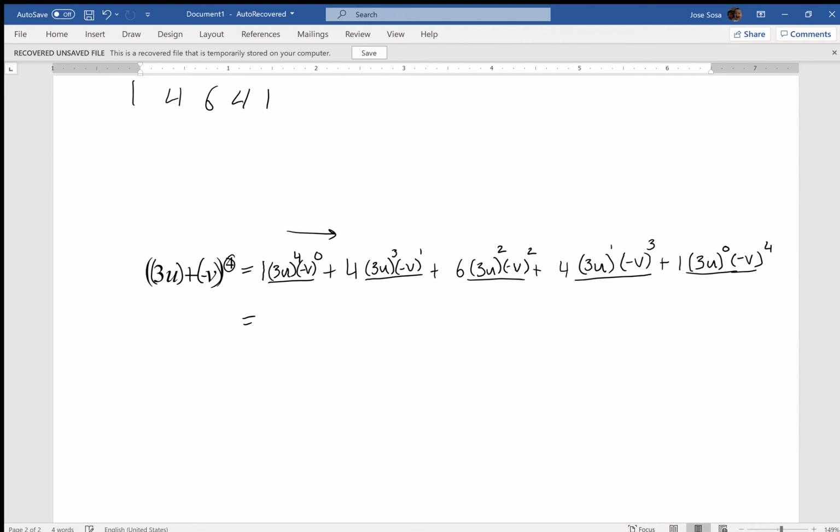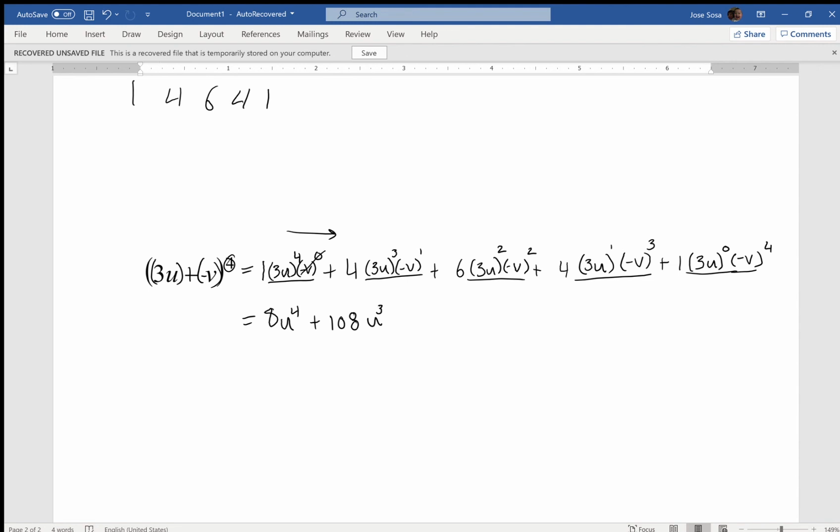All right, so we get 3 to the fourth power, which I think should be 81. 81 u to the fourth. Now negative v to the 0th is 1, so that doesn't affect it. Okay, 3 to the third power is 27 times 4. Oh, I'm going to need my calculator. 27 times 4 is 108. So 108 u to the third power.